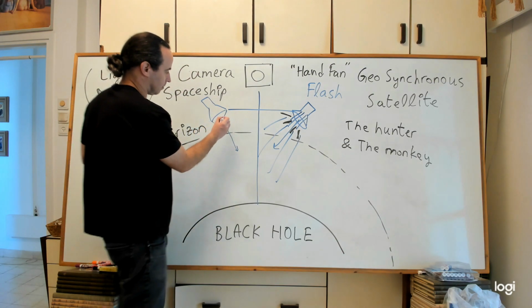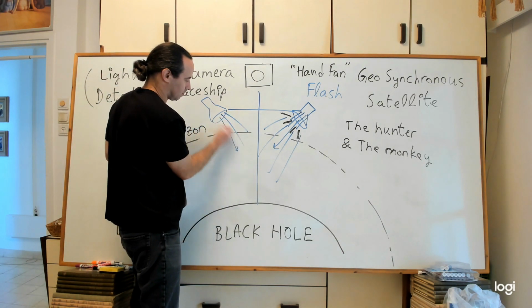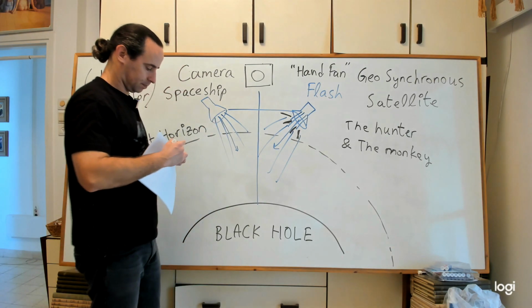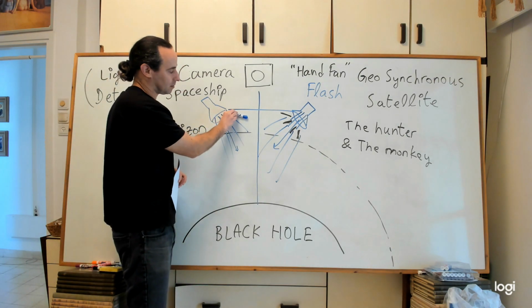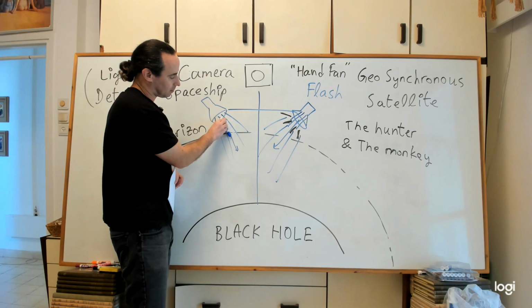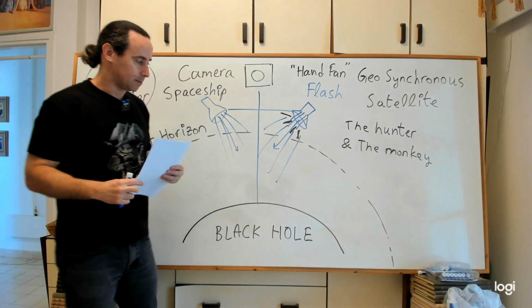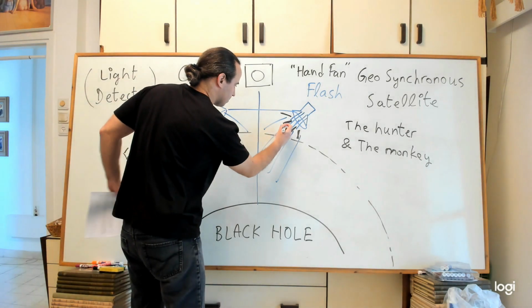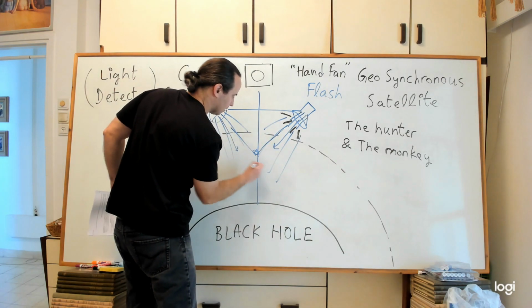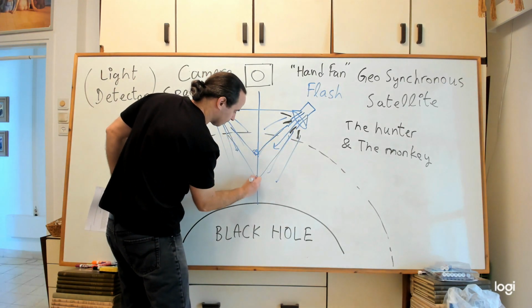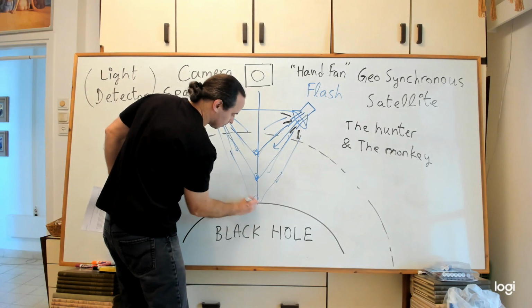And here also the same. One laser is pointed this way, one is pointed this way, one is pointed this way, and so on. And they meet. This one meets this one, this one meets this one, and so on.